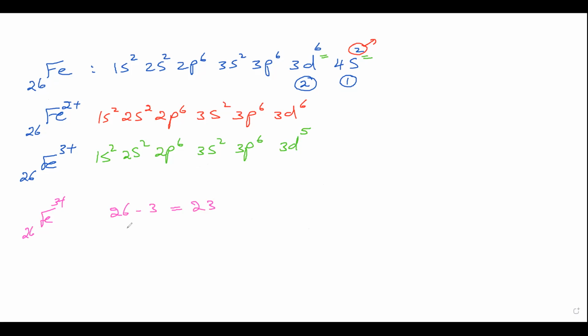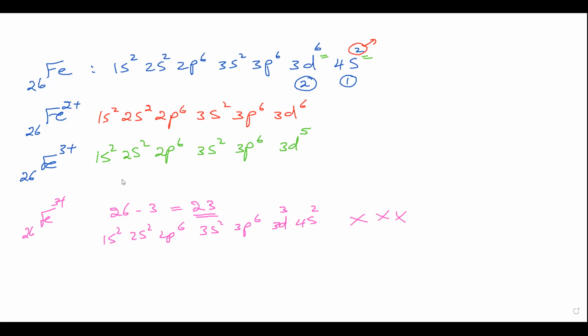And this means that he's going to write 1s2, 2s2, 2p6, 3s2, 3p6, and then he starts filling the 4s with 2 electrons. These are 20 electrons, and so they put the 3 electrons left in the 3d, and this is wrong.